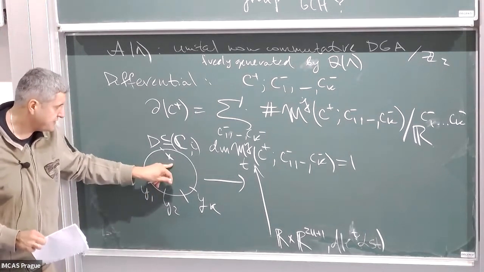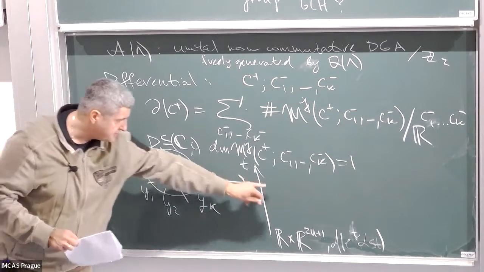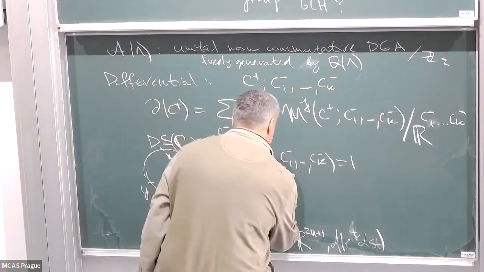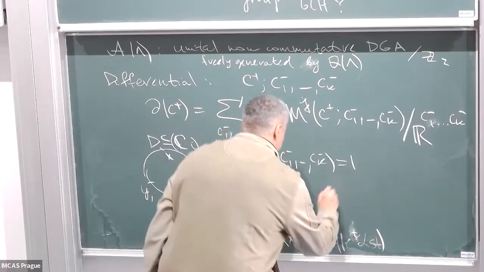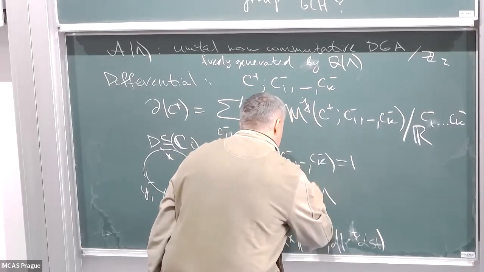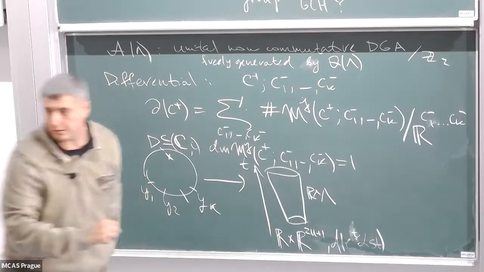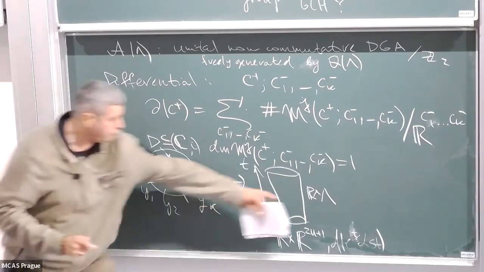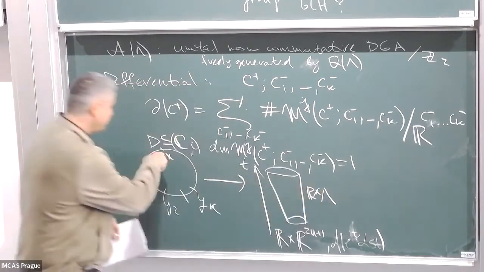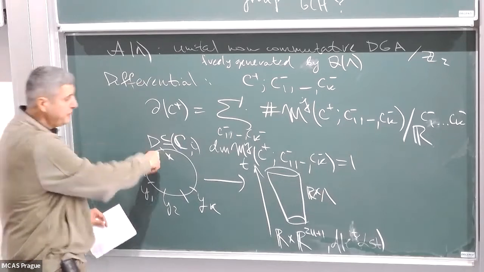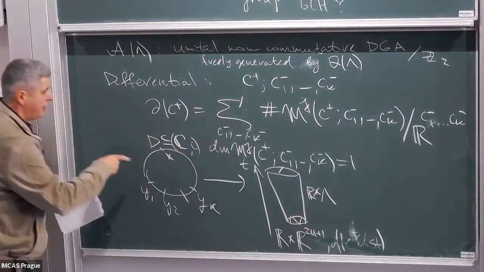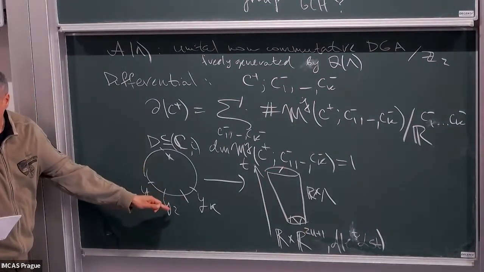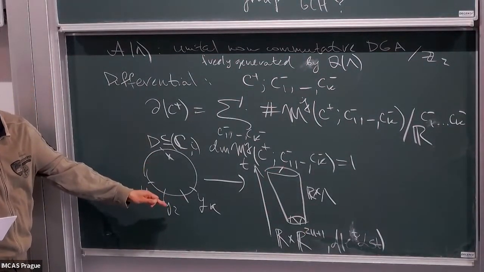So what do I do with these disks? I map these disks in a holomorphic way such that the boundary of the disk lives in R times lambda, and the removed points are asymptotic at positive and negative infinity to some Reeb chords.